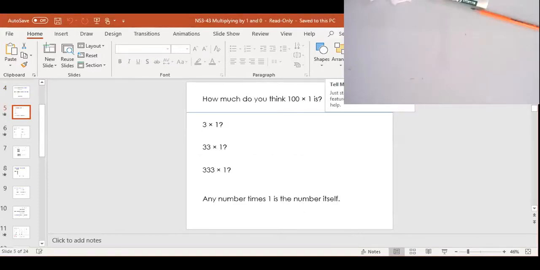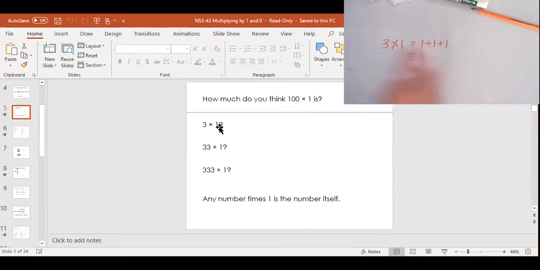Okay, so remember, multiplication is fast adding. And we're writing it out to show you the addition sentences, but you don't have to do that all the time. Because it's pretty easy if it's 3 groups of 1 like this. 3 groups of 1 is 1 plus 1 plus 1, and that equals 3.